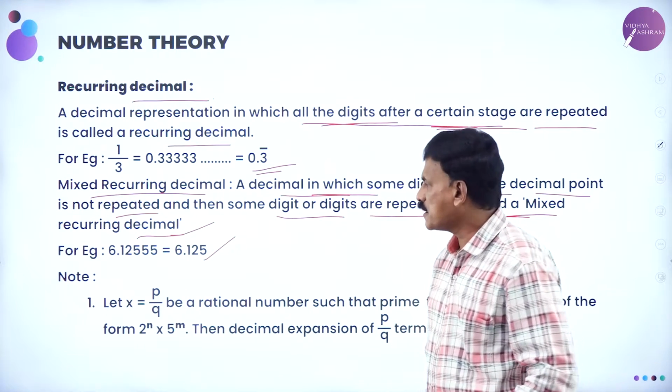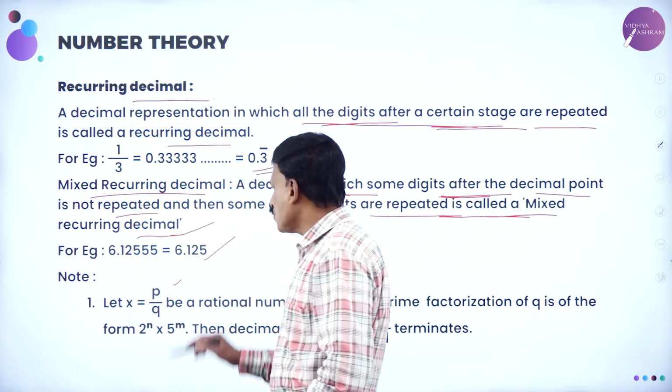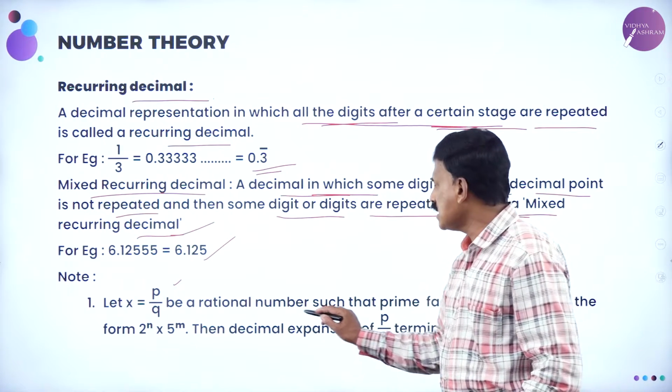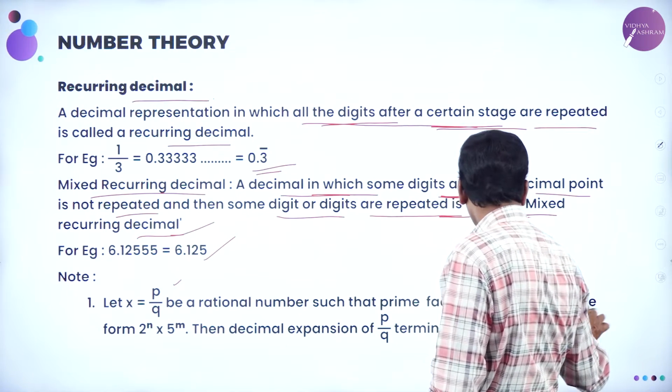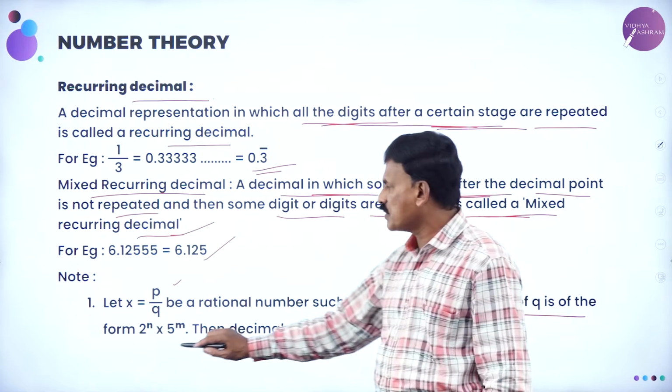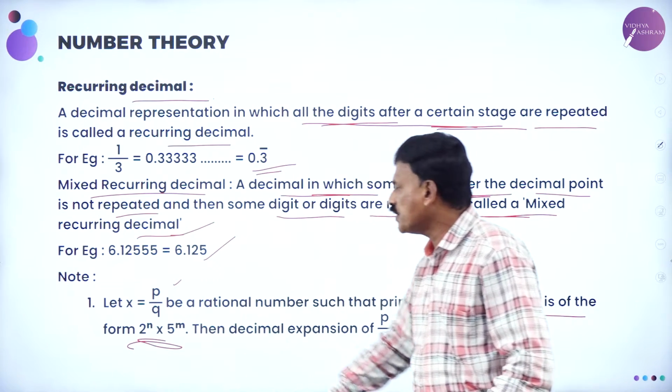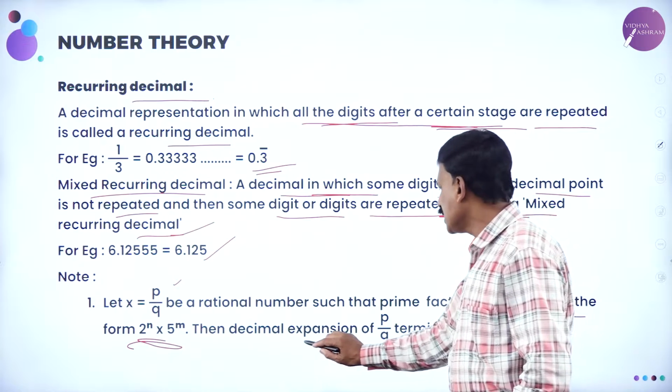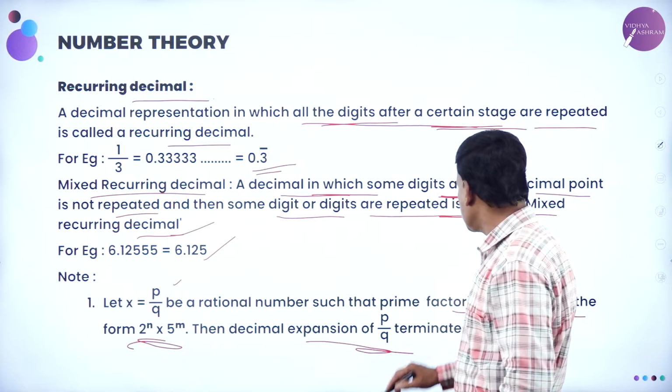Now suppose x is equal to p by q, a rational number such that the prime factorization of q is of the form 2 to the power of n into 5 to the power of m. Then the decimal expansion of p by q terminates.